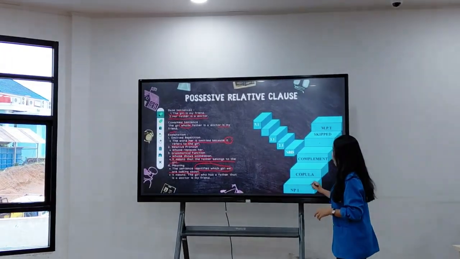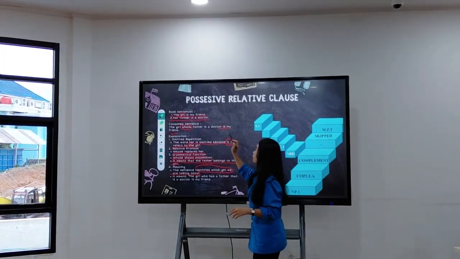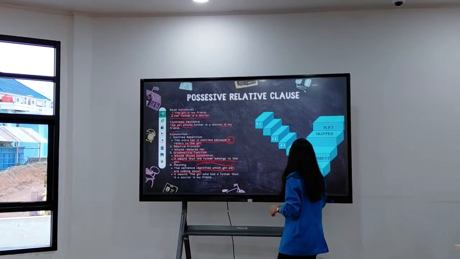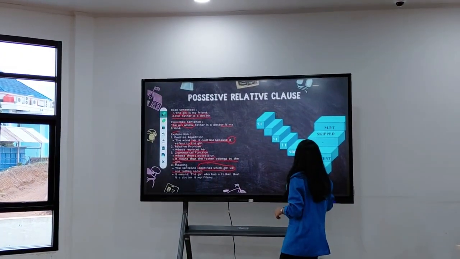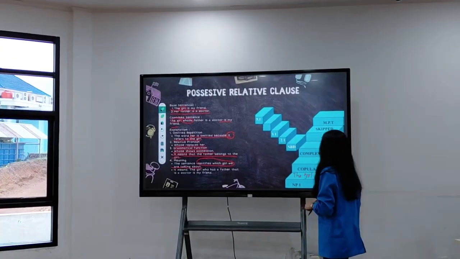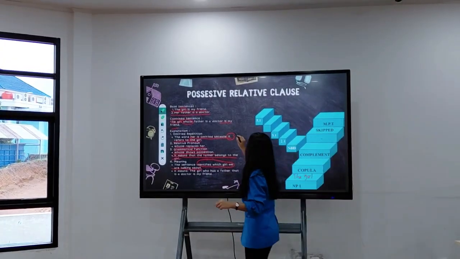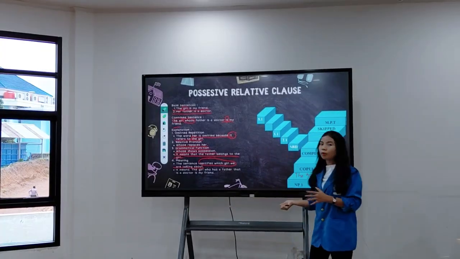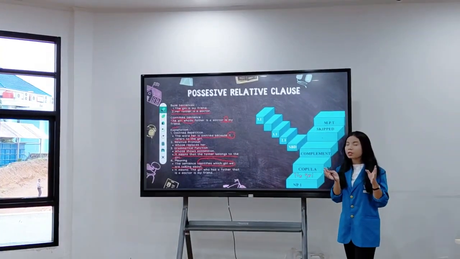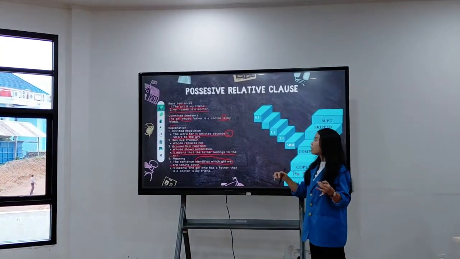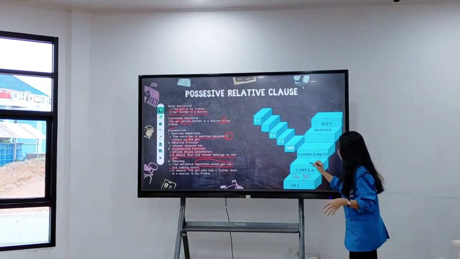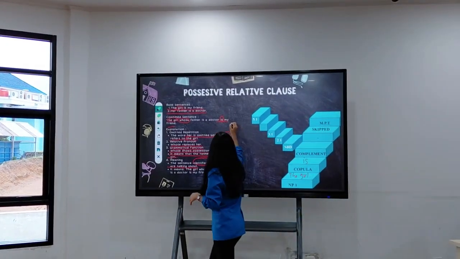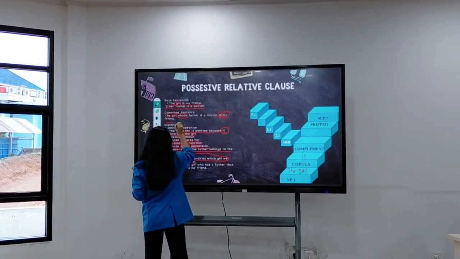For stage 1, we start with the girl, the noun phrase 1. For the copula, we use is, and the complement is my friend.